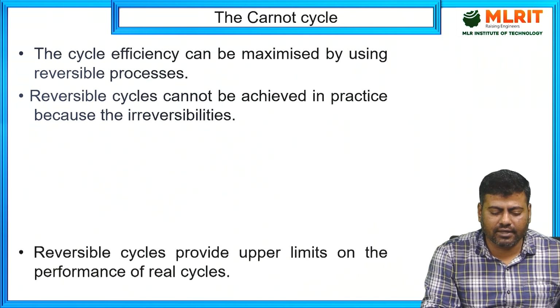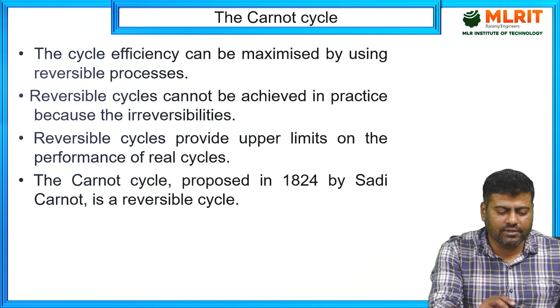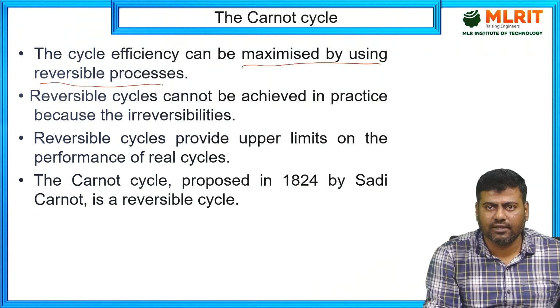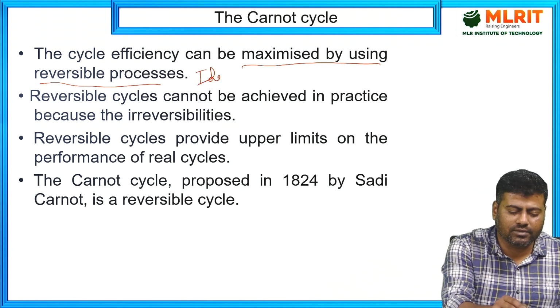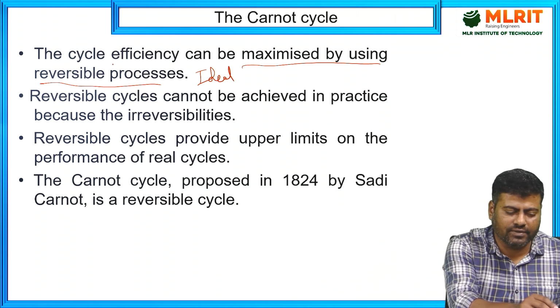What are the points of the Carnot cycle? The cycle efficiency can be maximized by using reversible processes. What are reversible processes? Ideal processes. If I consider these ideal processes, then I can maximize. Only for ideal conditions do we have the maximum performance parameter, or we can say efficiency.